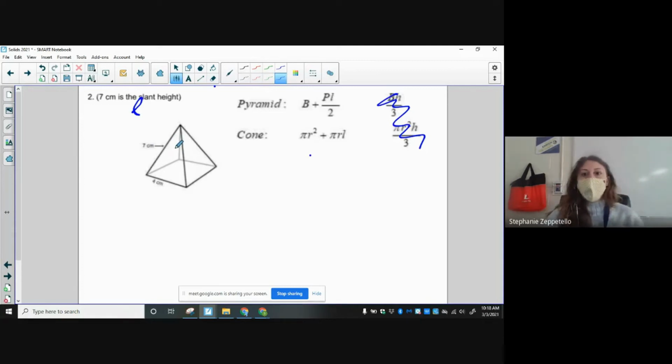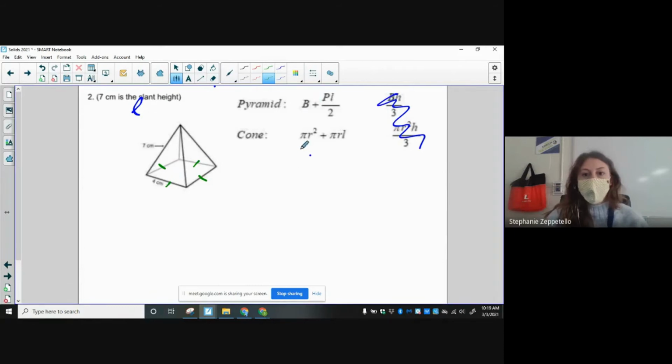So if you look at this formula, you should start to try to make connections. First of all, big B, look, there's only one of them. Why? Because there's only one base. So big B will be swapped out with whatever the shape is of that base. So this is a square. So the big B in this case, and it should say that this is a square pyramid, but it doesn't, so sorry.